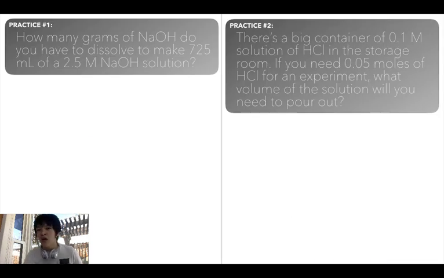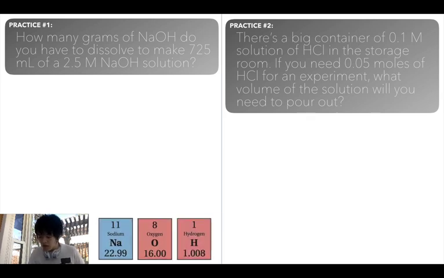I have 2 practice problems here for you, and I want you to try these on your own. Now, I'm just going to let you know that each one of these you're solving for something different, so try to figure it out first. You will need the molar mass for one of these problems, so I'm going to make it convenient for you, and I'll give you the molar mass right there. You're going to have to rewind.